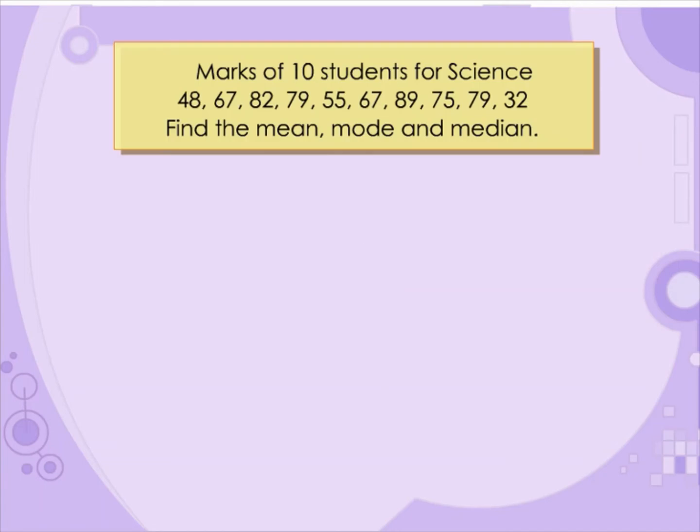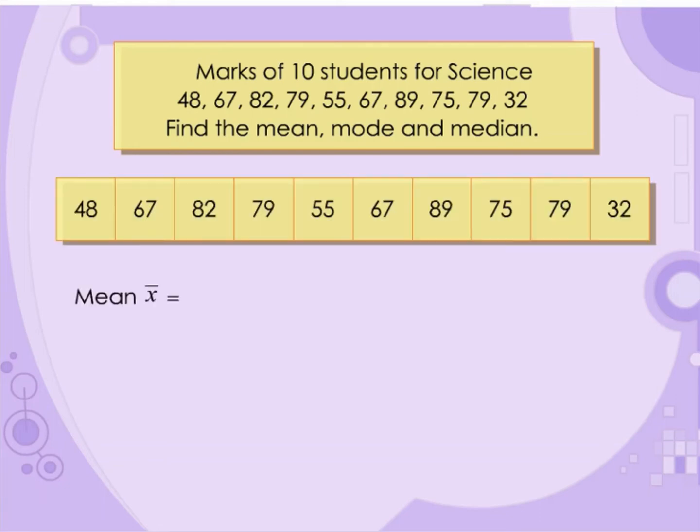Let's look at the next example. The following is the set of data representing the marks of 10 students for a science subject. Find the mean, mode, and median for the data. Mean is denoted by the formula x bar equal to sigma of x divided by n. That is, the summation of all the values in the data.